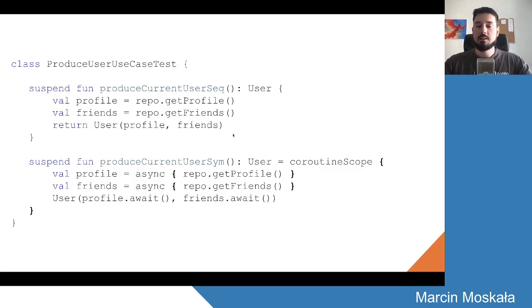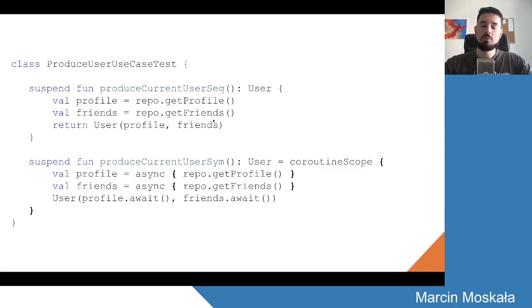The only difference is that this one is sequential, and this one is simultaneous. So if get profile and get friends are immediate, there is no difference between those two functions. It's impossible to show the difference. To show the difference between those two functions, they need to take some time.